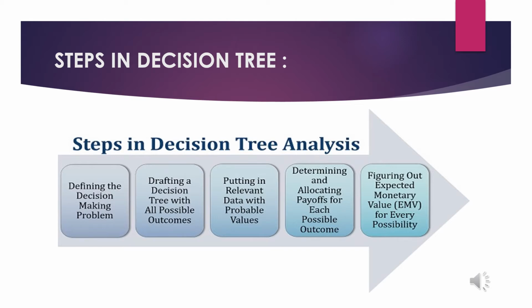The second step is to interpret and chalk out all the possible solutions to that particular issue which we have taken in the first step, and also look at their consequences at the given time. That is what we mean by drafting a decision tree with all possible outcomes.